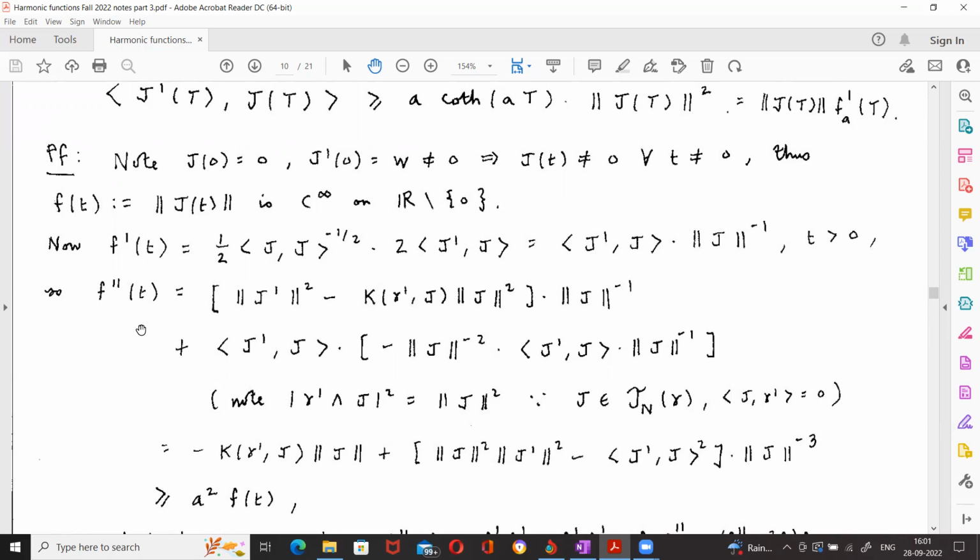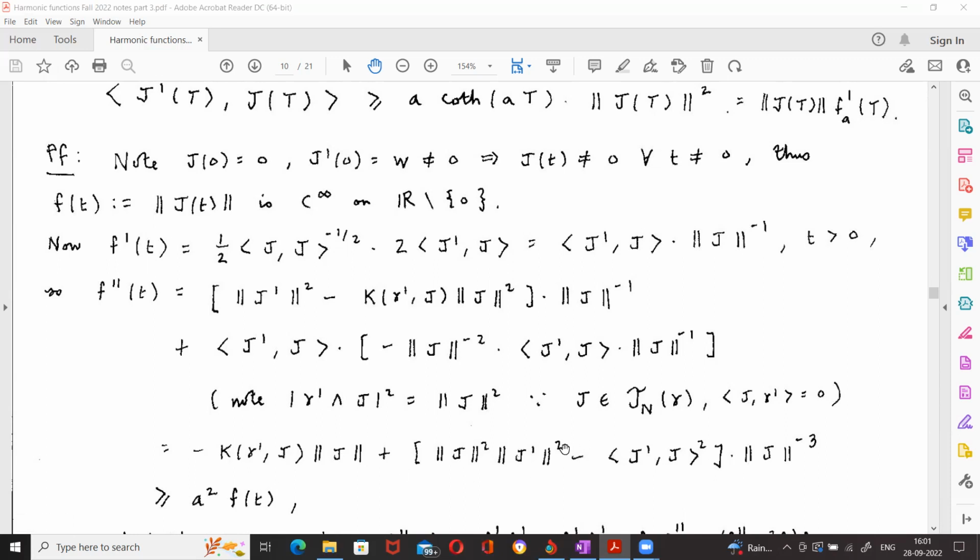So that gives us a differential inequality, f double dash greater than or equal to a squared f, when the sectional curvature is bounded above by minus a squared. Now, if the sectional curvature is bounded below by minus b squared, then we can say that this term, minus k into norm j, will be less than or equal to b squared f.